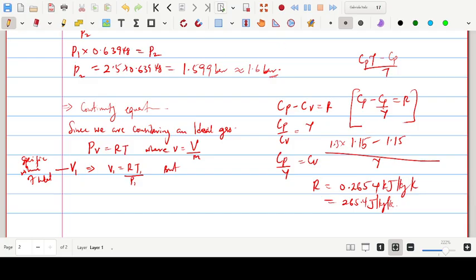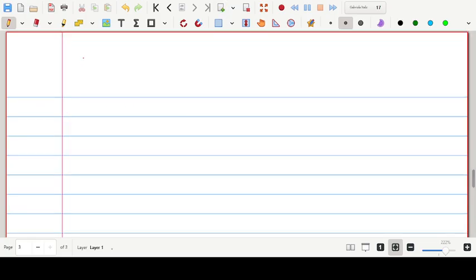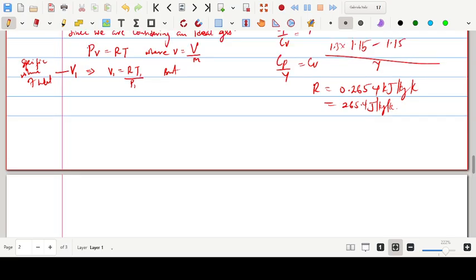So we are now going to use it in solving the question. So here we'll now have our V1 is equals to, what is our R? That is 265.4 multiplied by T1, that is 510, divided by P1. What's our P1? That is 2.5 bar.